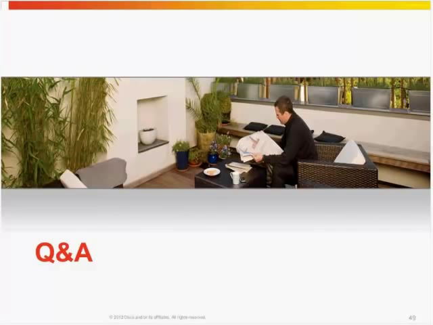Are all UCS servers covered by Smart Call Home, or is it just limited to the C-Series servers? In fact, the Call Home feature is in the UCS Manager, or UCSM.